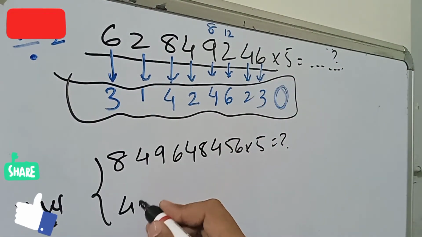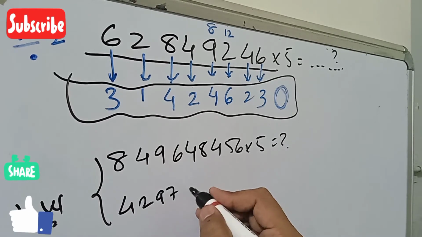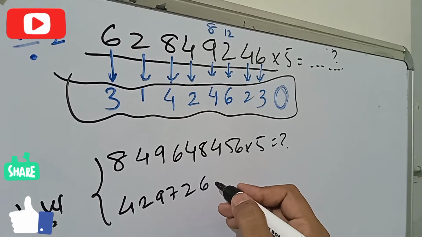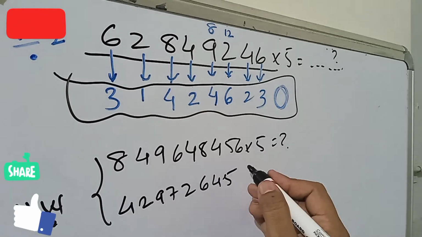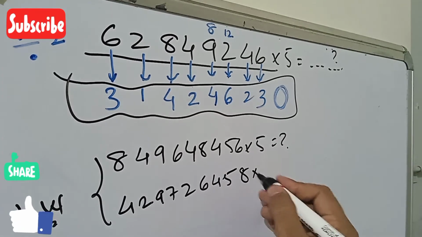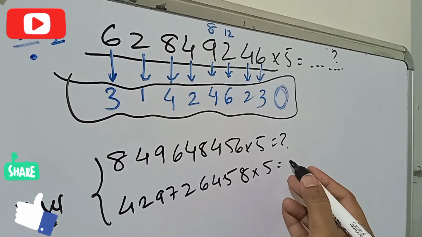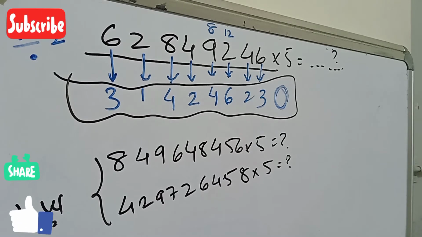This is 42, 97, 626, 55, 8 into 5. You need to find out this particular answer in the homework.